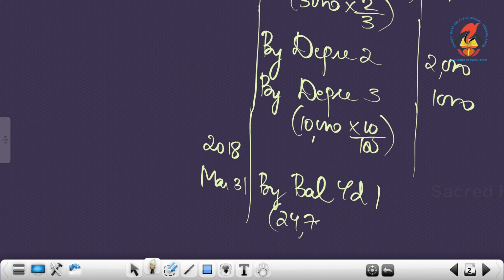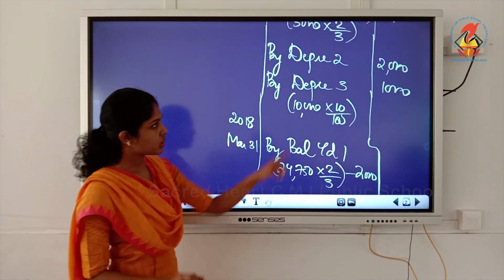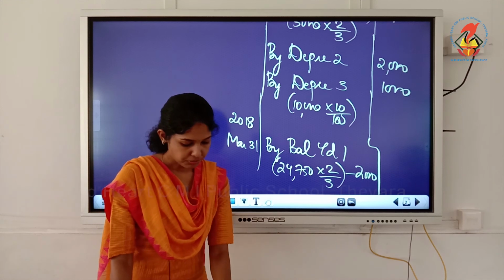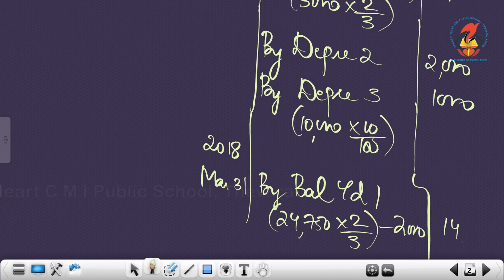Now we have only 2/3 with us, so you must compute 2/3 first, then you must deduct this depreciation 2000. Understood? Depreciation 1 is 2000, that's what we are deducting here. So the amount will be 14,500.